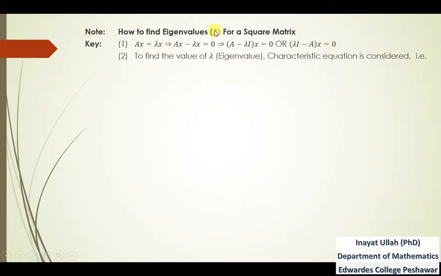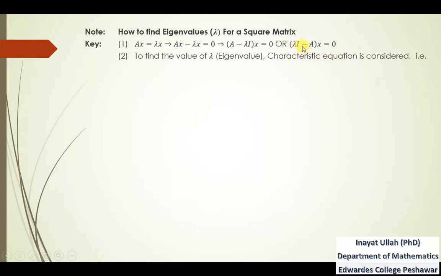To find the value of lambda, which is actually the eigenvalue of the matrix A in this case, we take the characteristic equation. What is the characteristic equation?